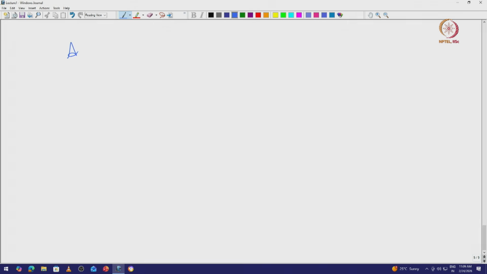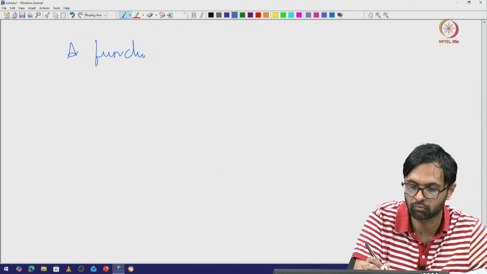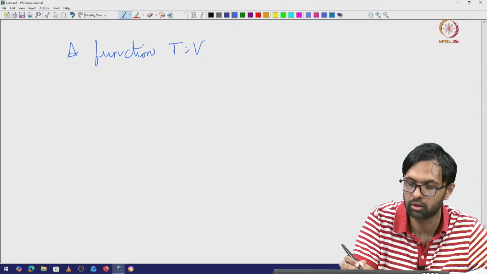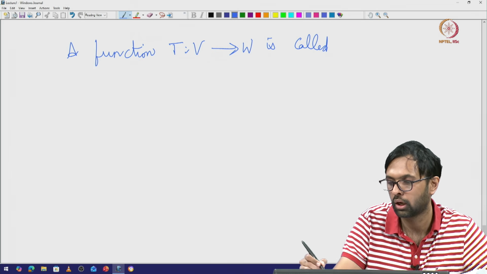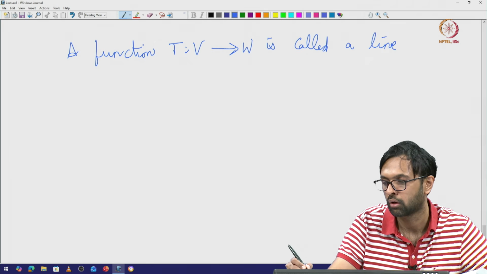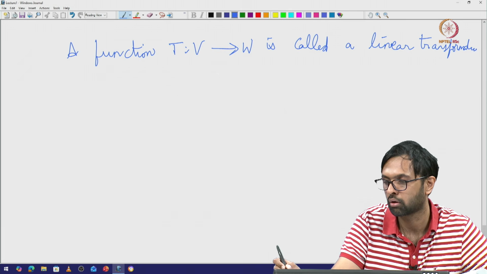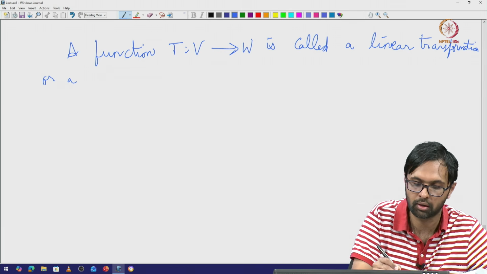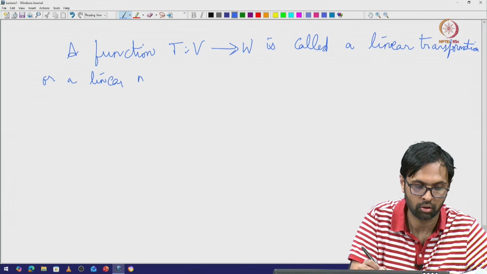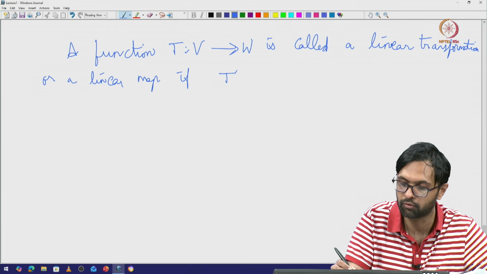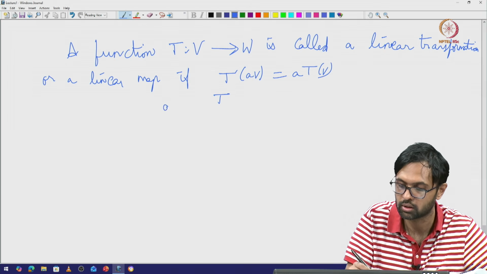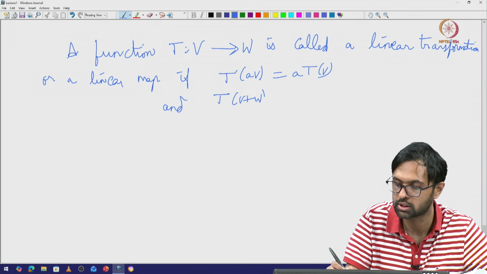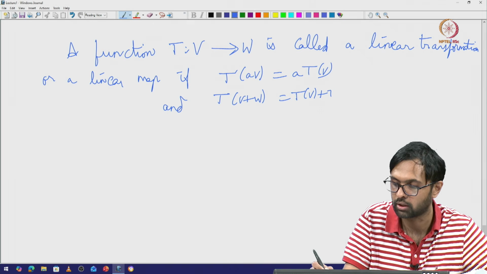So a function T between two vector spaces is called a linear transformation or a linear map if T of av equals a times T of v, and T of v plus w is T of v plus T of w.